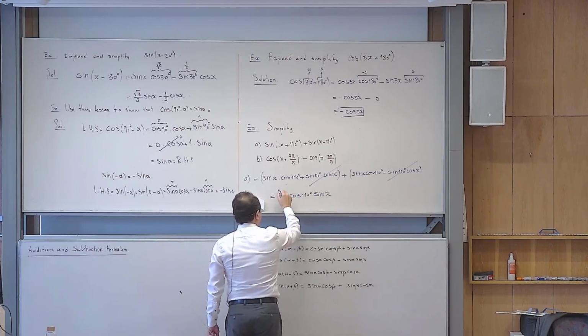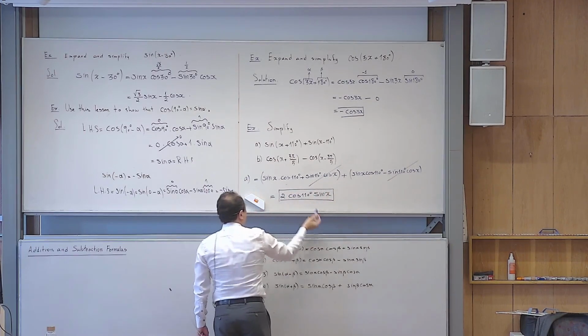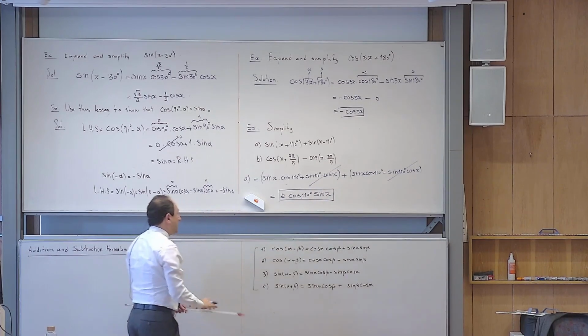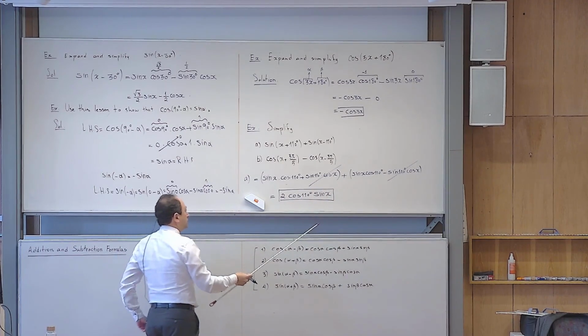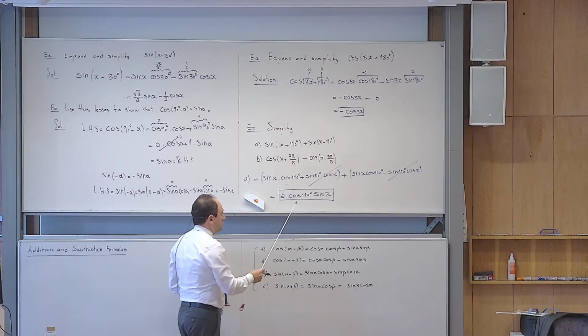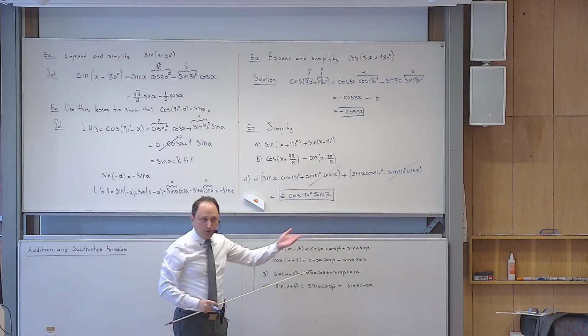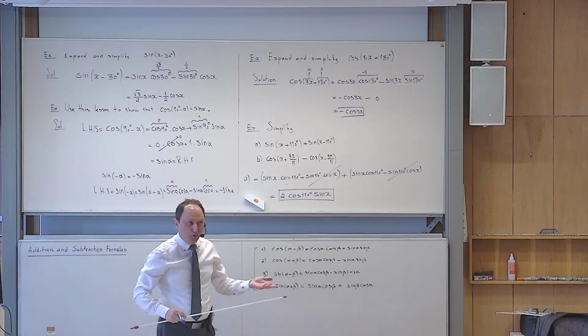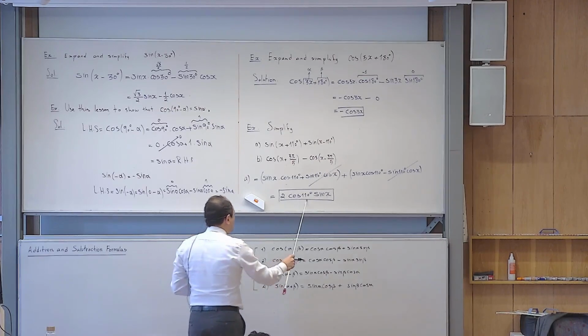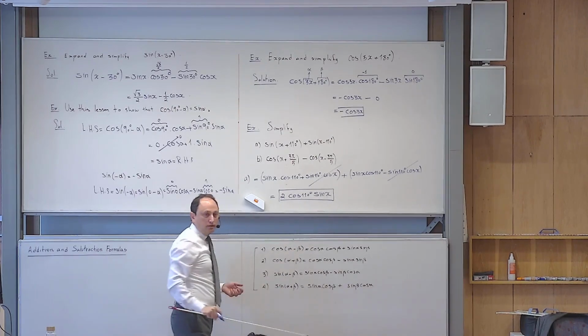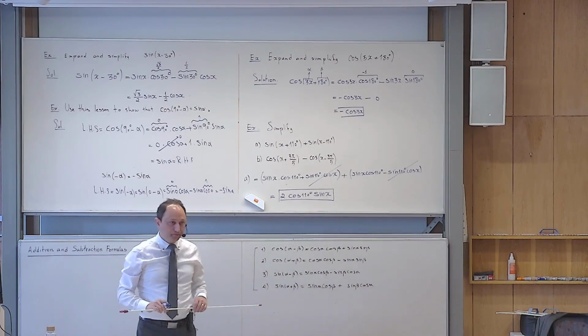This is where I expect you to stop if they ask you to do this. If I want you to continue further, probably I will give you access to the calculator and I will ask you, for example, to do it in decimal points or something. Then you punch this part in the calculator and write it there. Yes? To put it in the bracket?